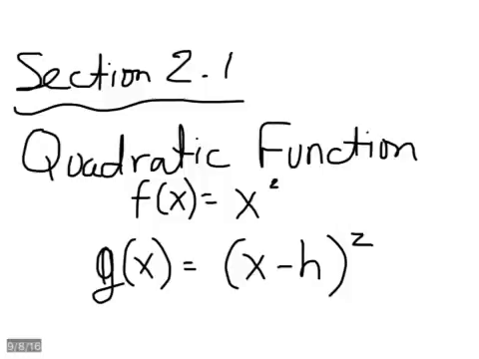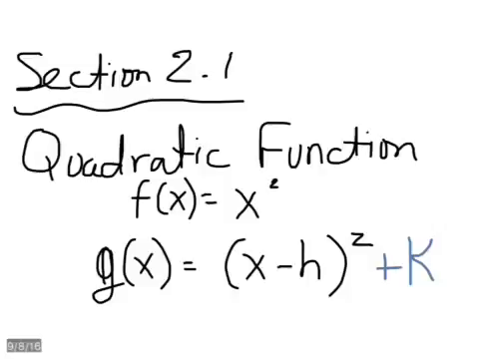No. Now, what if I put a plus k on the outside? Which way does that shift it? Up or down, depending on if I put a number negative or positive in for k. The h and the k is your vertex. That is either going to be the high point or the low point of your parabola. If I don't give you numbers there, you understand them to be 0.